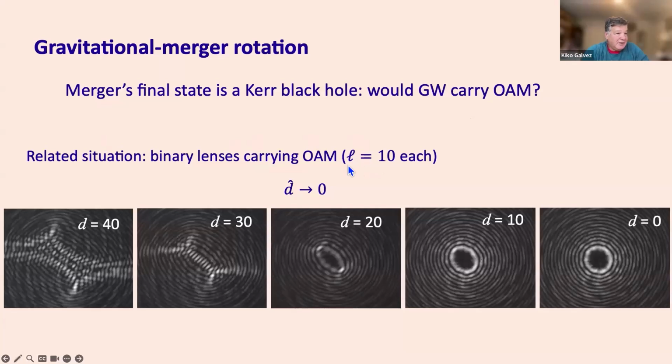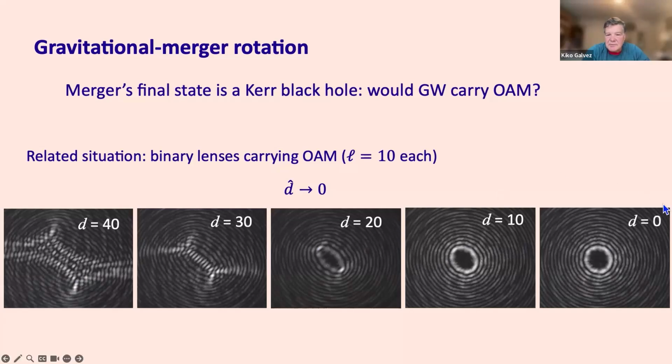In the figure shown here, they had L equals 10, the same sign of L. So when D is 0, we see a Bessel beam, which has an L equals 10 singularity in the middle. But as soon as we start separating the two masses, you get an ellipse, and then you get a very interesting caustic. So there's more there as well.